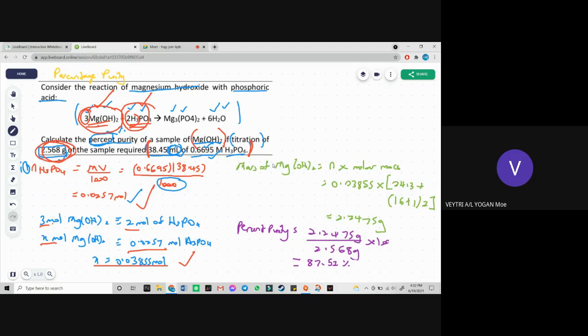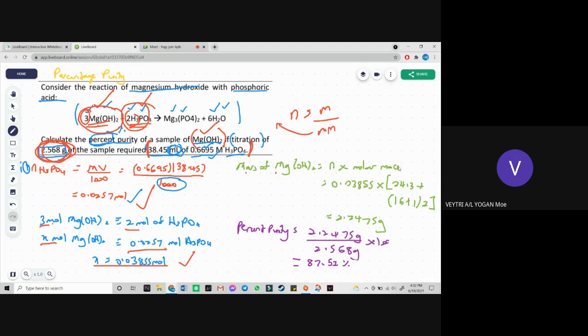Alright, next. You dah tahu number of mole. Now, you guys know very well formula that number of mole equals to mass over molar mass. Alright. So, sekarang, you kena cari mass. Kenapa? Over here, it's in grams. Definitely in mass kan? So what are you going to do? Push the molar mass that side. What are we finding for now? We are finding for magnesium hydroxide. Same thing over here. You got to do mass of magnesium hydroxide equals to n, which is number of moles, times molar mass.